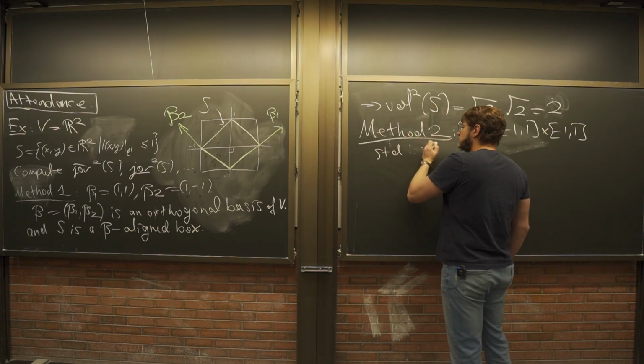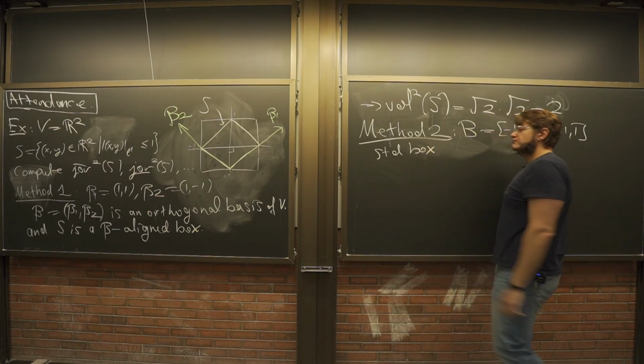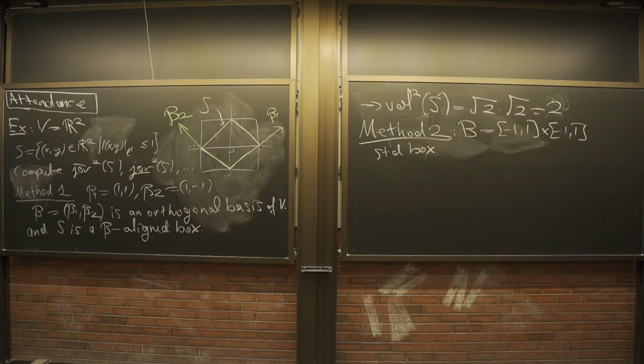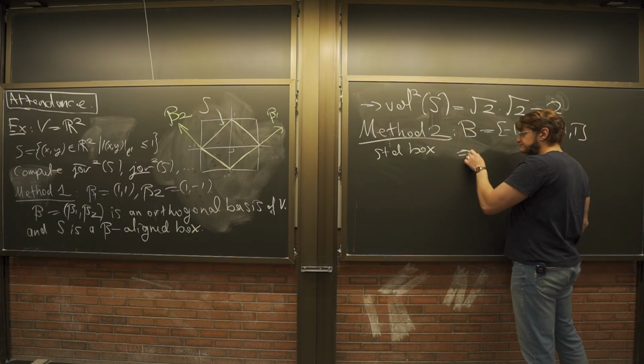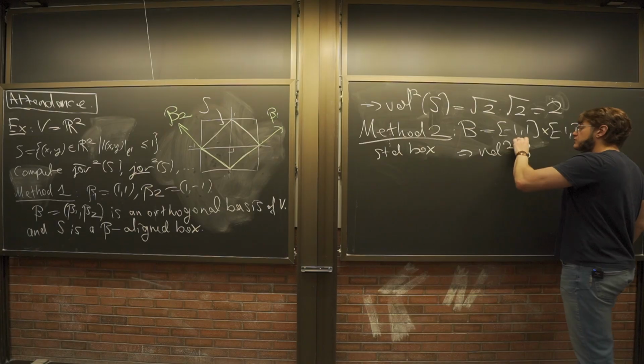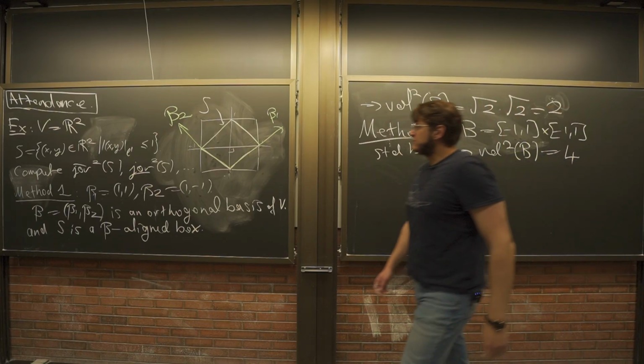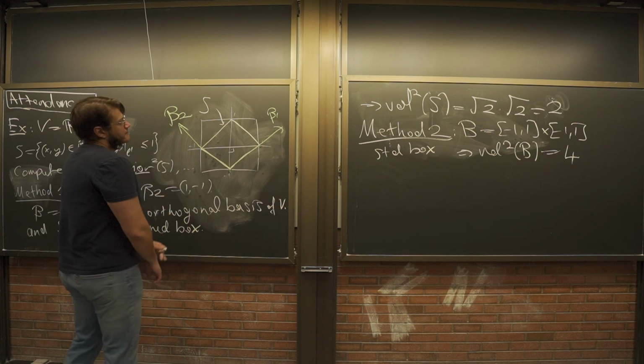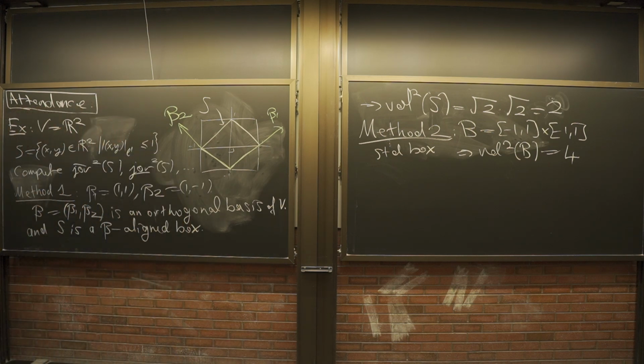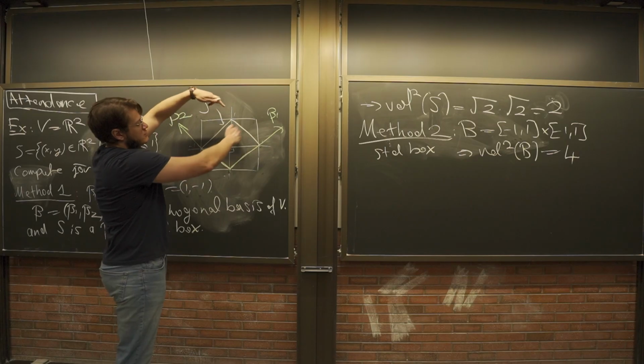At the standard box. Its volume is, again, the product of the lengths. 2 times 2 is 4. And I think at this stage, it's OK to say, well, S should be exactly half of B in area, right? Because you're just chopping these two.